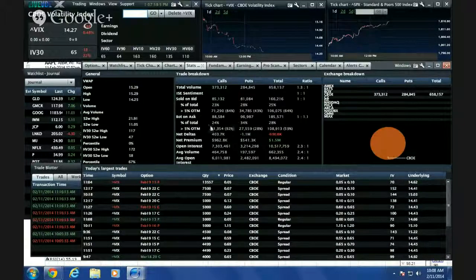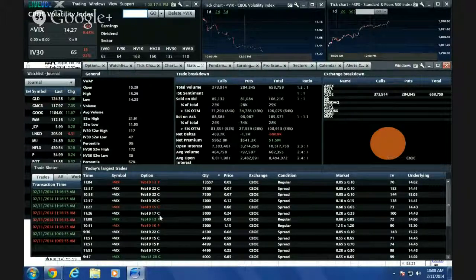81,000 of the out of the money options were traded on the offer, only 71,000 traded on the bid. And if you look at it, you see 5,000 of this spread where they're selling the 15 calls and buying the 17 calls.